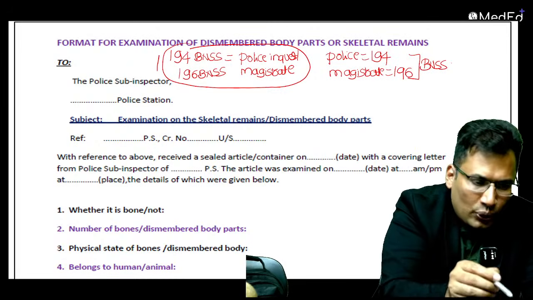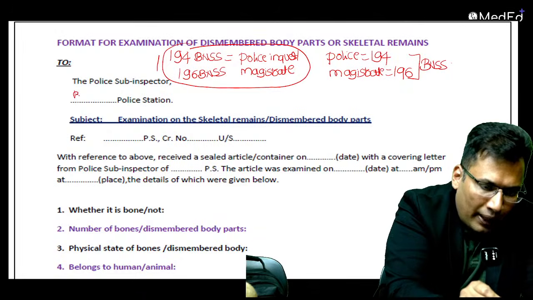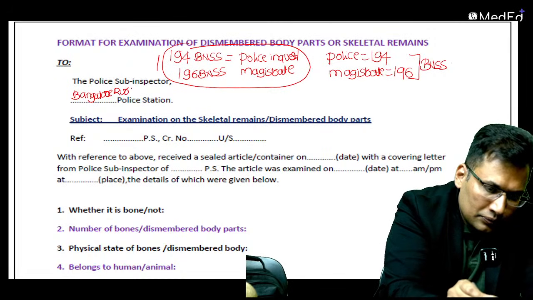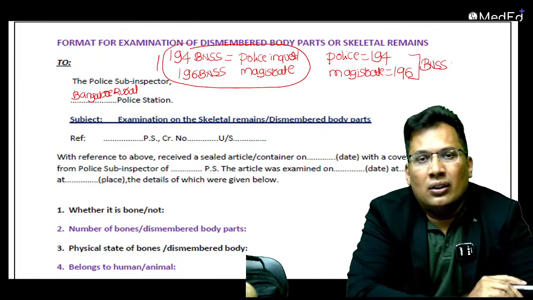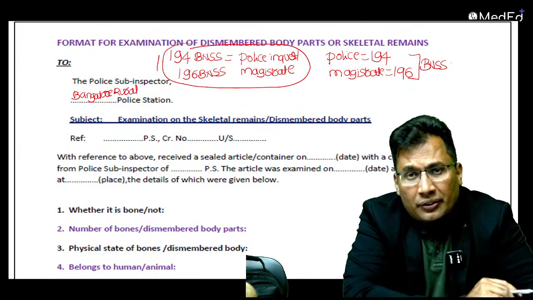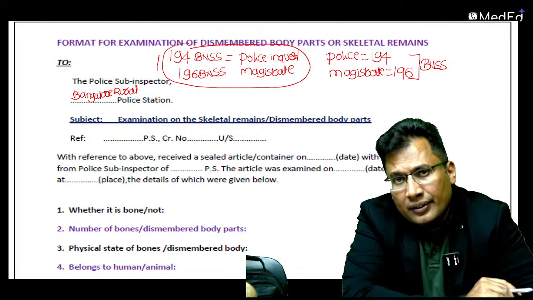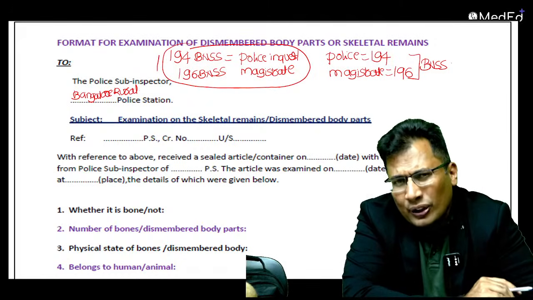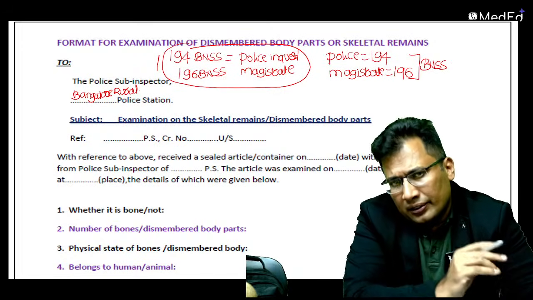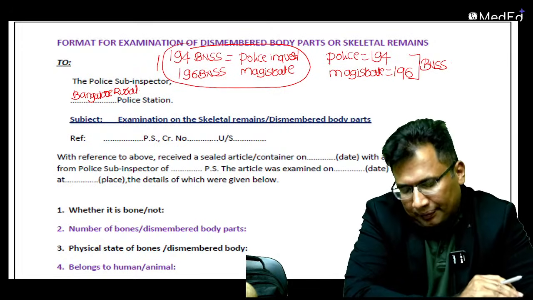Police station. So example, Bangalore Rural Police Station, New Delhi Police Station, ITO Police Station. Okay, like that. So police station need to mention hypothetically, or if it is given in the question.